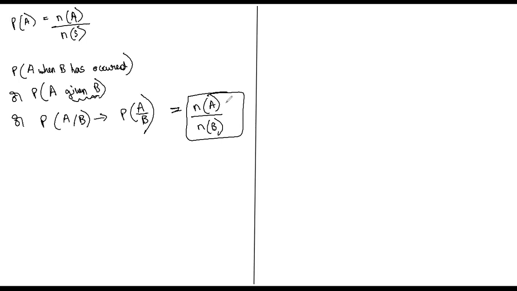Okay. Now there is one more slight change you have to make to this definition. See, probability of A given B. Now, the relationship between A and B also matters. In other words, if I say that B has already occurred, and then what is the probability of A occurring? That means A has to occur and B has to occur.